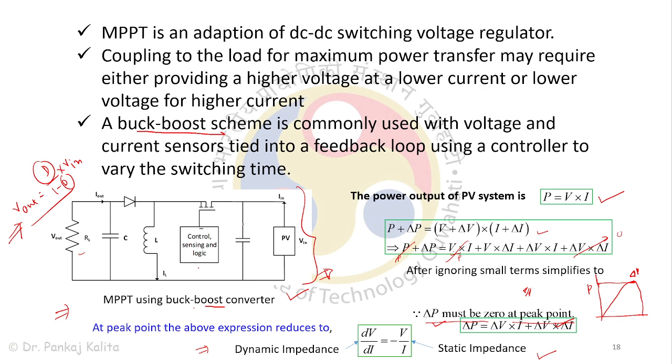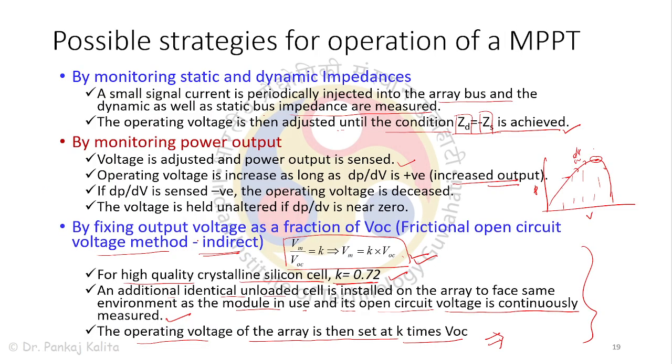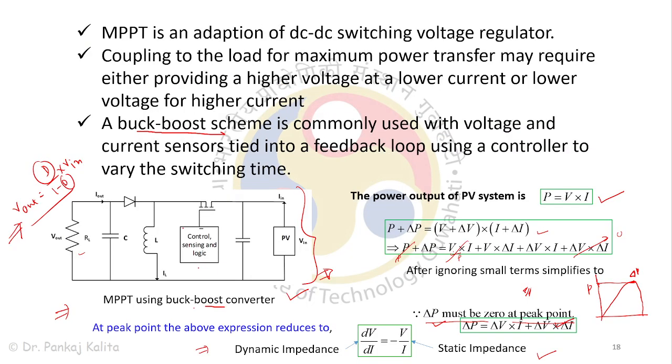Some feedback mechanism is also involved. These are the three strategies by which this MPPT might operate. Say for this case, this is your PV curve, if you remember, and we change the current value. The buck boost converter has a switch.